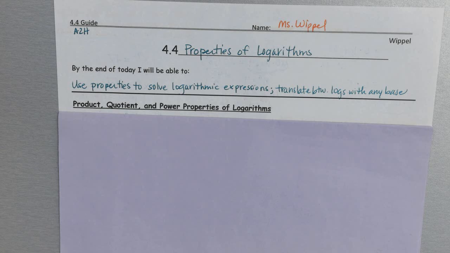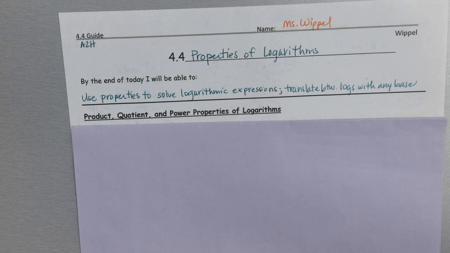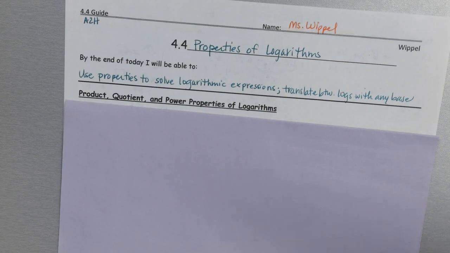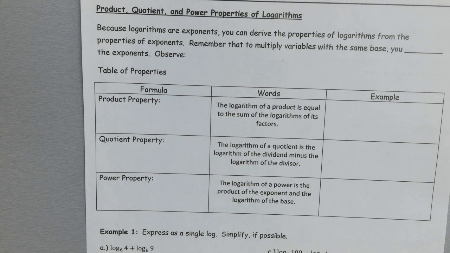So remember that logarithms are functions that use exponents. Okay, so you can derive the properties of logarithms from the properties of exponents. And when you are multiplying with the same base, what you have to do? Yes, good.